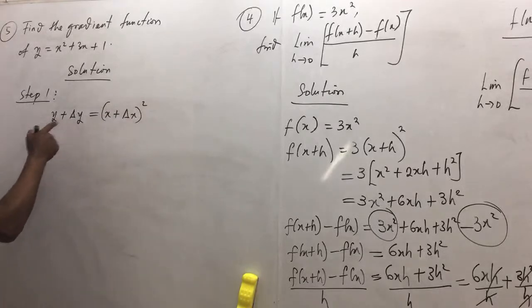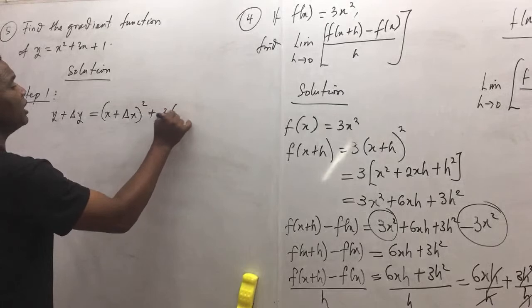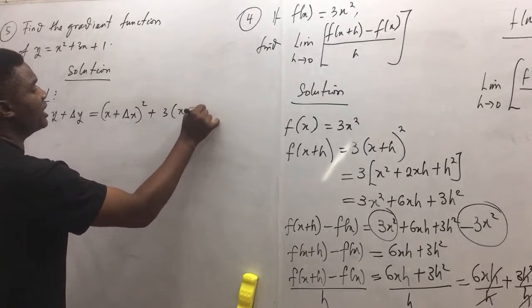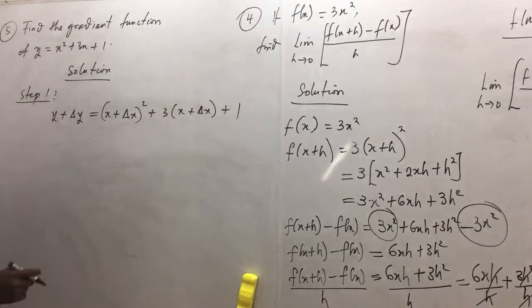So a change in the dependent variable must have come by a corresponding small change in the independent variable. So this will give me x plus change in x plus 1. Now, if you don't want to do this, I could show you another way of going about the problem.